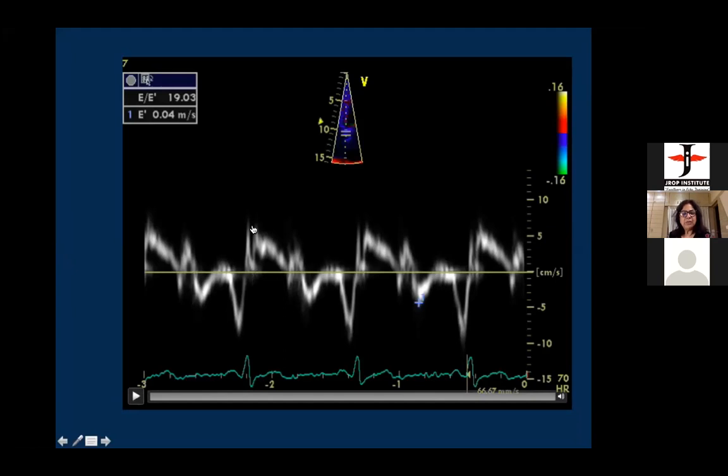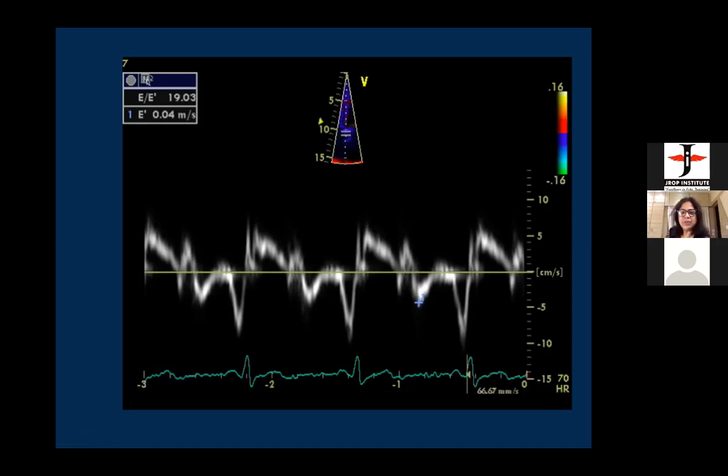Above the baseline are the systolic waves. Please concentrate on the diastolic waves, which are below the baseline, below this yellow line. This is E prime, but before that there is a small wave called isovolumic relaxation, where we can measure the isovolumic relaxation time.